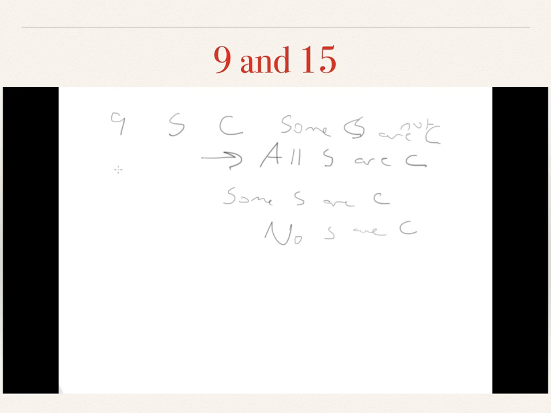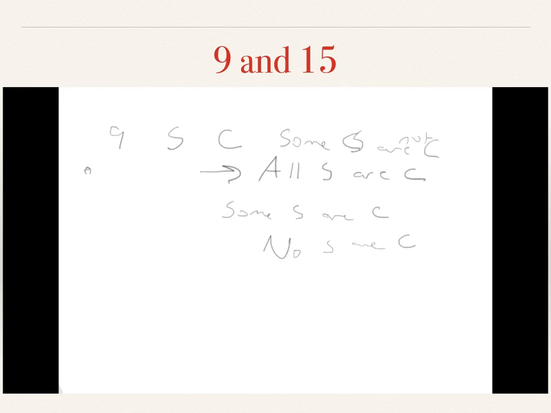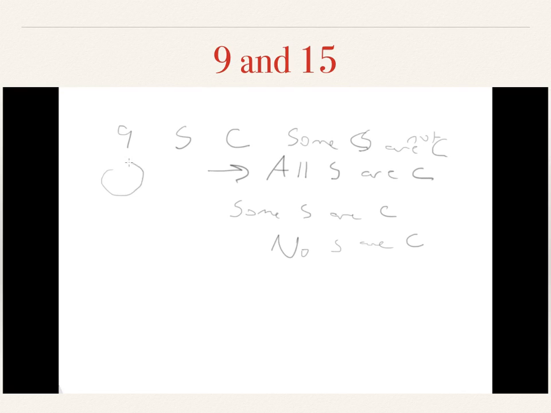Now let's draw these two in Venn diagrams. All S are C means where S and C don't overlap, it's empty.